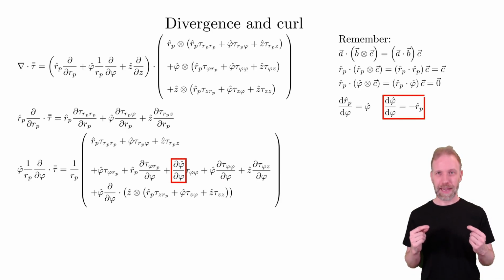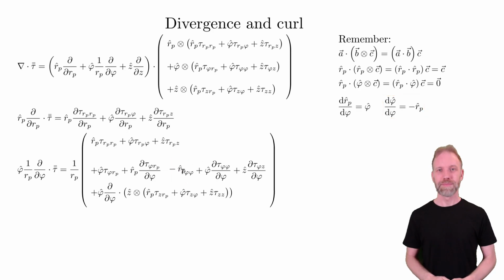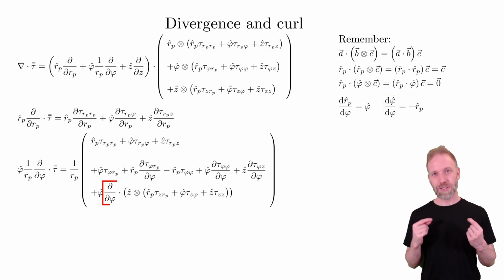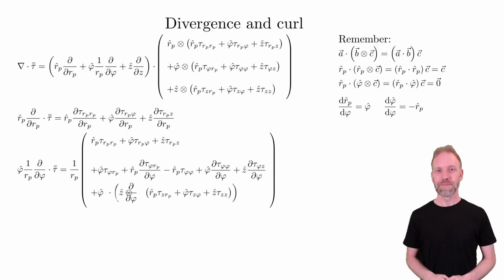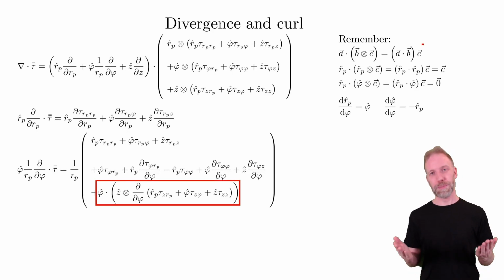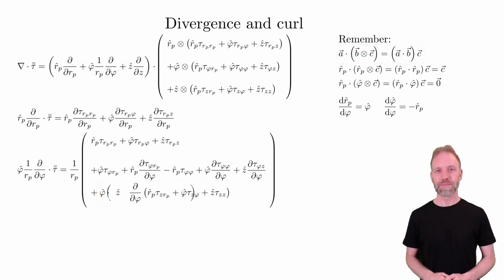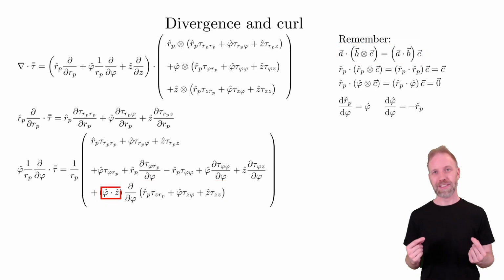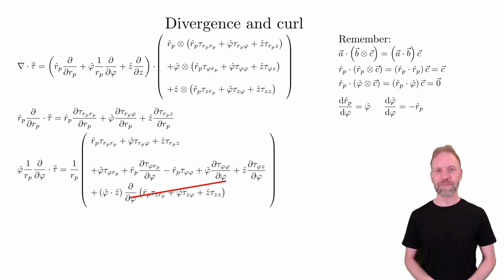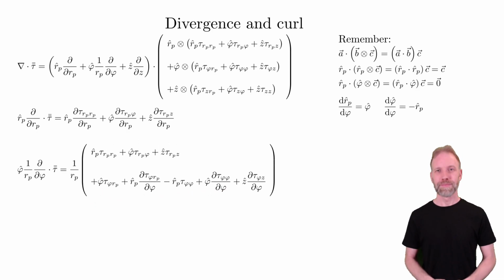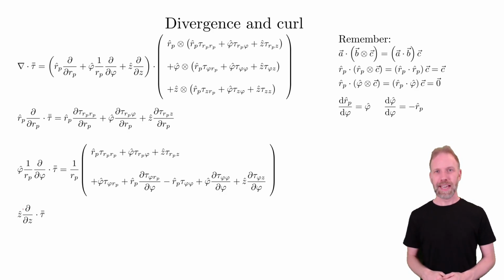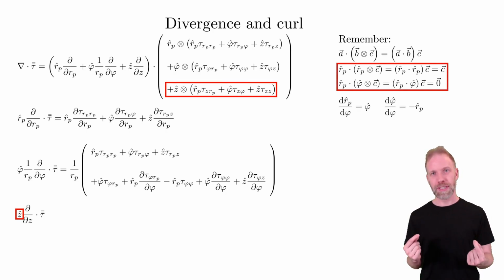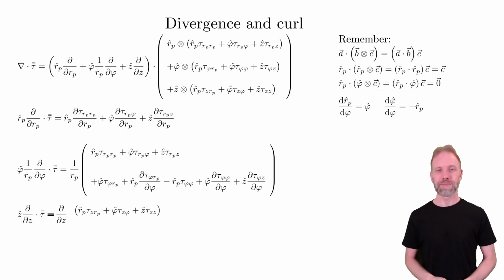The derivative of phi hat with respect to phi is minus rp hat. For the last row, note that z hat is not the function of phi. Use the associative property. Phi hat dot z hat is 0. Finally, the z hat term, which is the easy one. It is only the last row that will give a contribution, which after the dot product becomes the following. Distribute the dz.